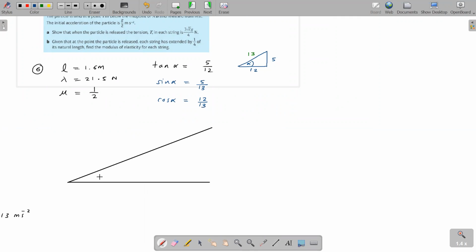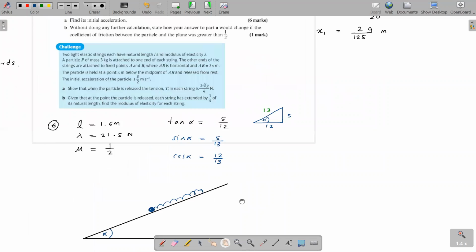So this is the angle alpha, and you have your particle, the point O. So this is the particle.